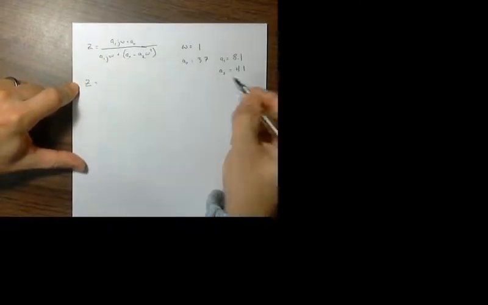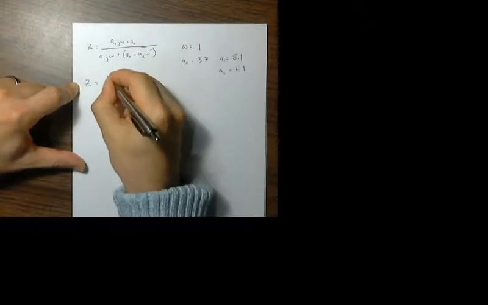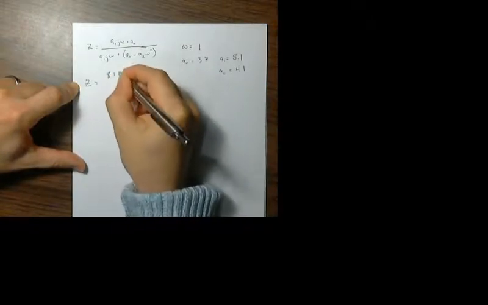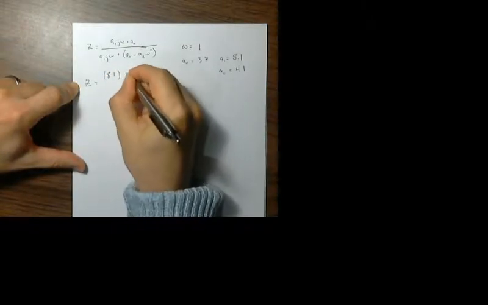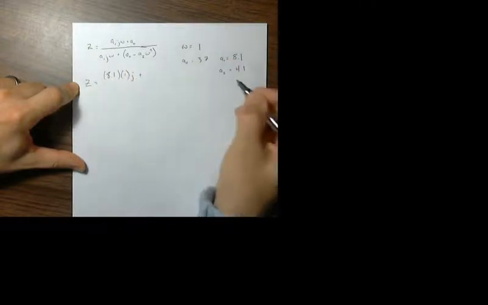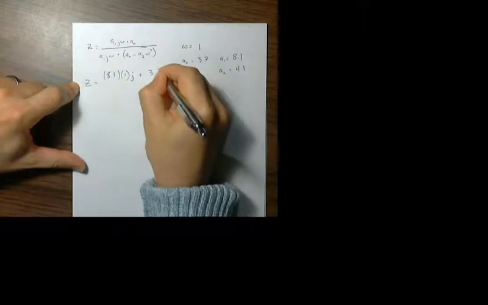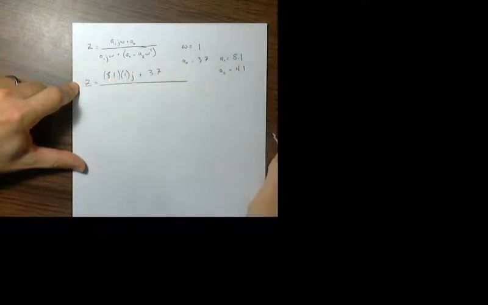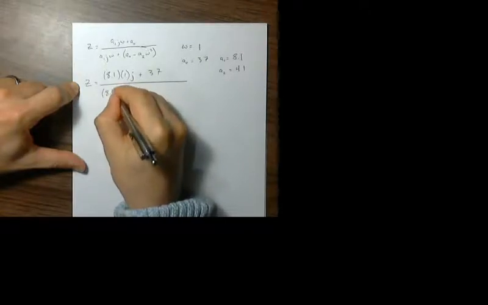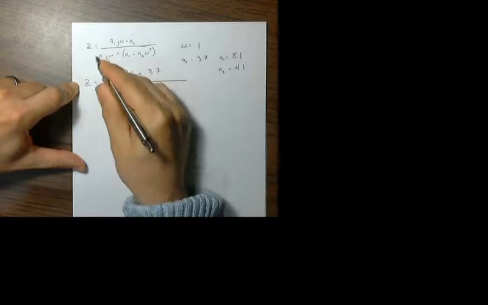Okay, so A1 was, we said, 8.1 times j omega. Omega is 1. It's j plus A naught, which was 3.7, divided by, well, here we're going to have the same term. That's just 8.1 again times 1 times j. That's from this term right here.